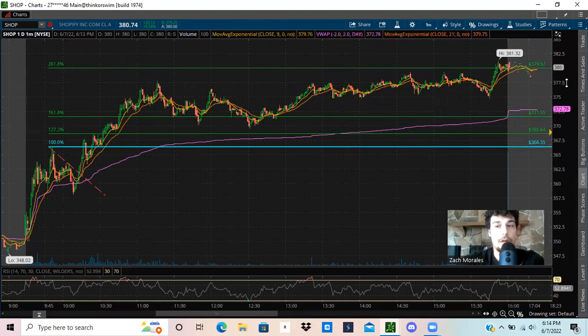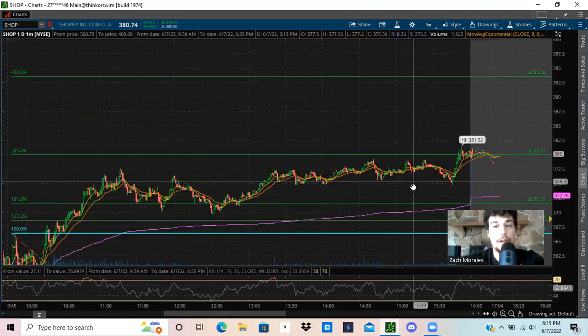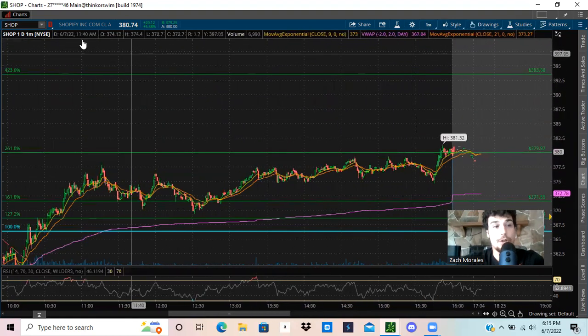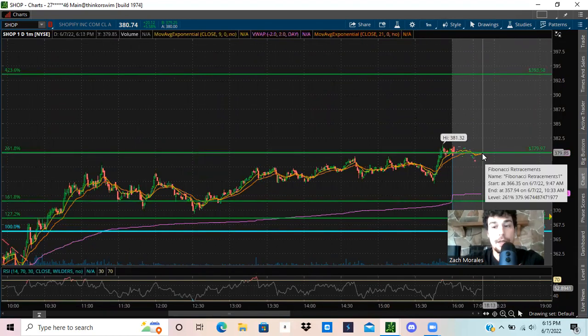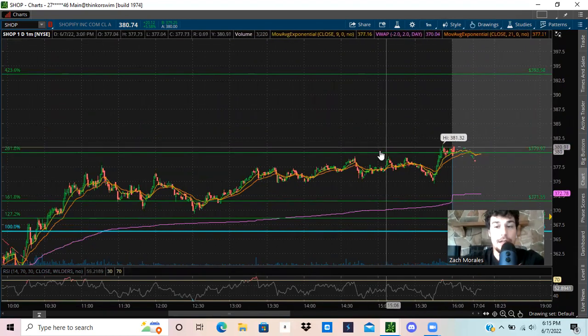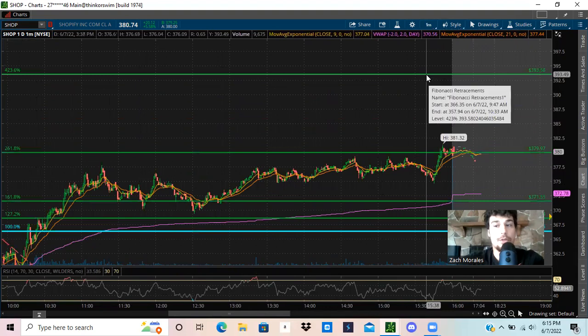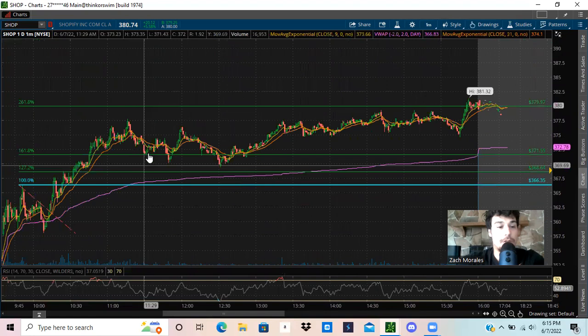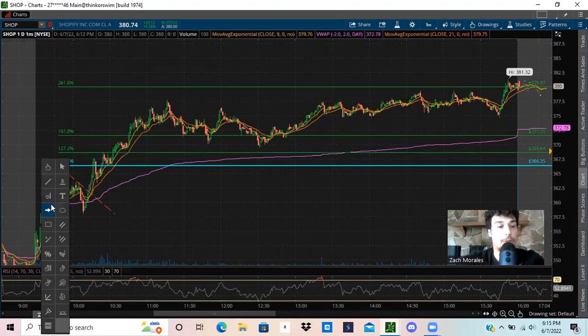Really interesting stuff. This also gives us an idea of where some possible resistance could be in the future for Shopify. If we do make it past here, we know that there's a gap in the chart all the way up to 393.58. We did see those levels hit on the other fib when we drew it from right here.